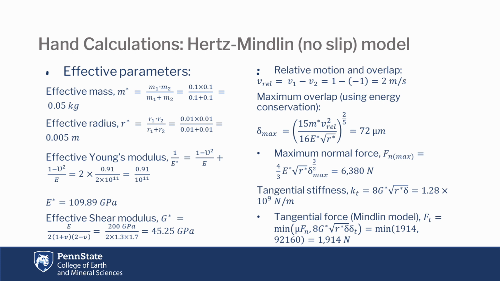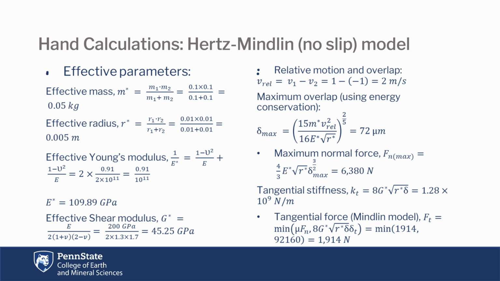Then we have the motion and overlap calculation. Just like before, we have 2 meters per second, and the maximum overlap with this relation is 72 microns. Then we calculated the maximum normal force with the relationship 4/3 times the effective Young's modulus times the square root of the effective radius, times the maximum overlap to the power 3/2.